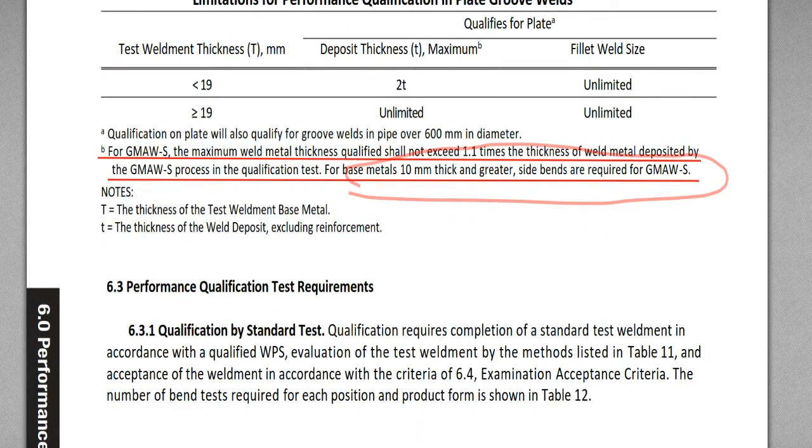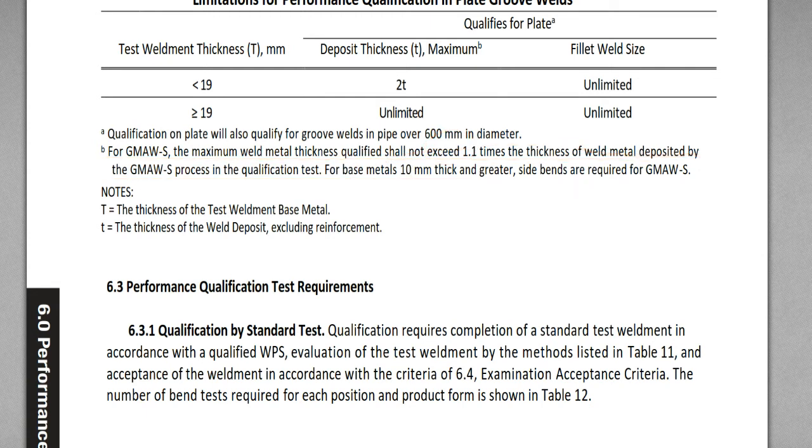If you use GMAW-S, the maximum qualification for the production welding is 1.1 times the weld thickness. Large T is the thickness of the test weldment base metal, and small t means the thickness of the weld deposit excluding reinforcement.